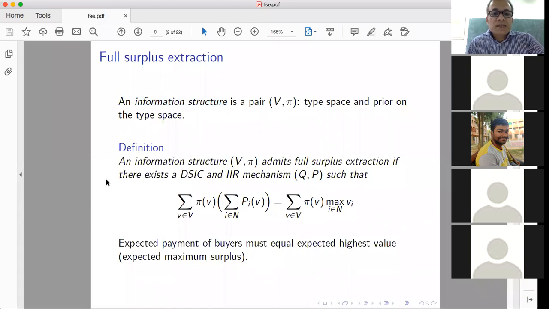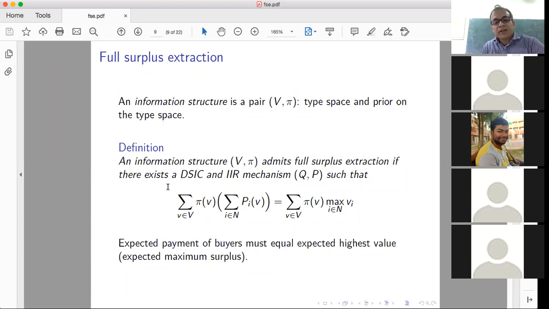So we're going to say that an information structure admits full surplus extraction if there exists a DSIC and interim individually rational mechanism (Q, P) such that this constraint holds.